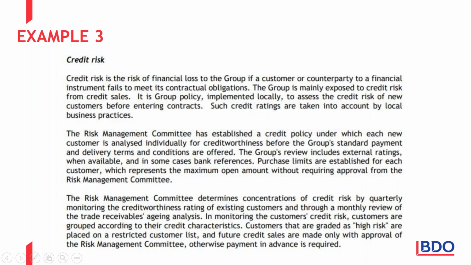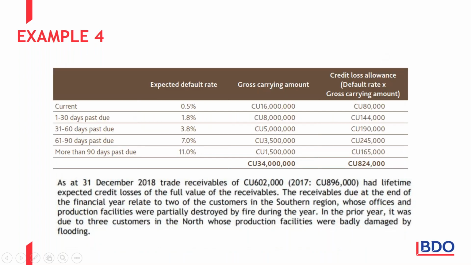Aletta then brought up the next one, which is the provision matrix, which is good. So what they've done is, at the closing balance, we've got our carrying amount for receivables, and then there's an expected default rate that's been measured against those using our provision matrix. Now, in this particular case, I haven't actually given you a disclosure of how the default rates have been calculated, but it would be expected that you'd disclose those default rates.